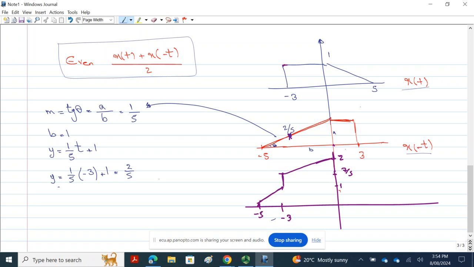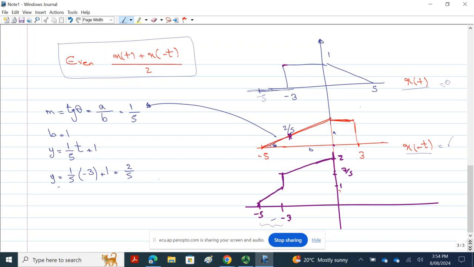Let's just start from minus 5. Minus 5 is here, right? That's minus 5. So let's only focus on minus 5 to minus 3. So from minus 5 to minus 3, here is 0. Okay? So this will be 0. This one, on the other hand, is increasing like that.